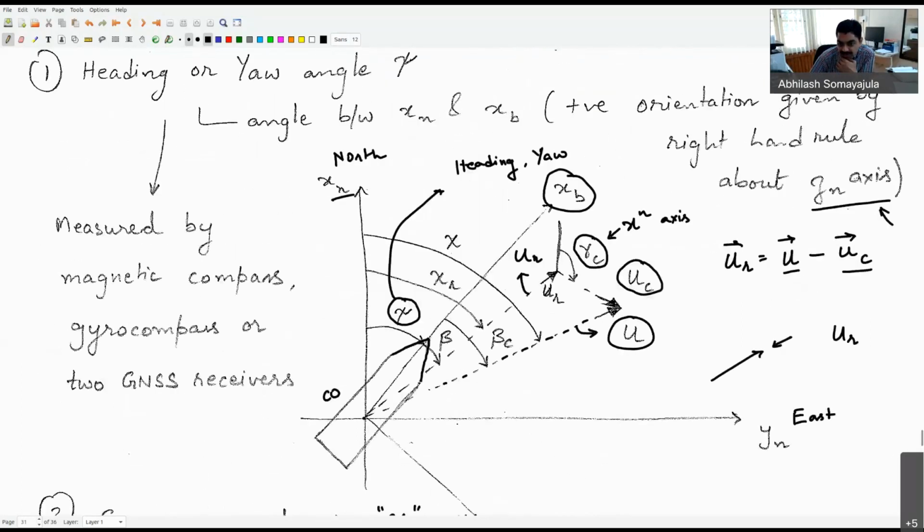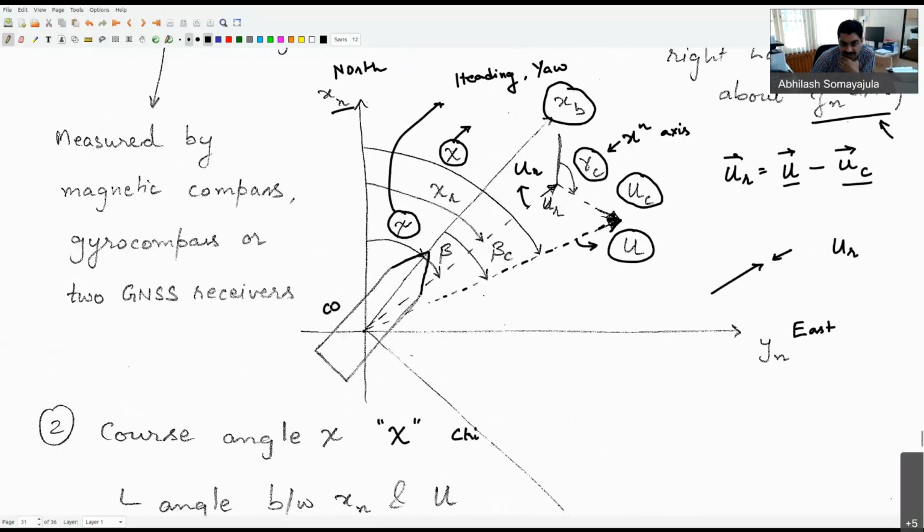The absolute velocity vector of the craft is this vector right here, and we want to find the angle to that from the NED frame. That angle is chi, and this is called the course angle.